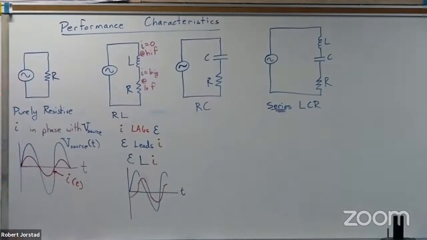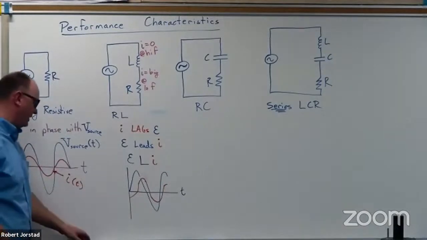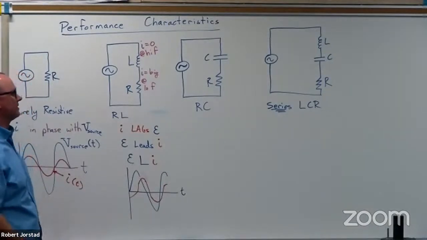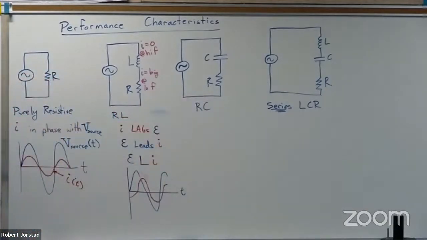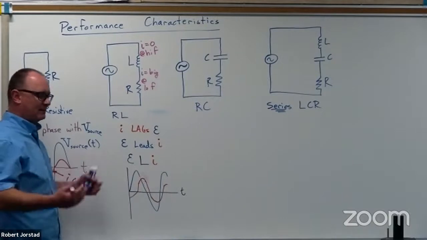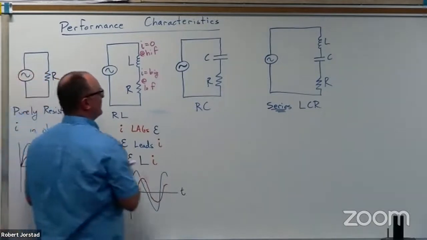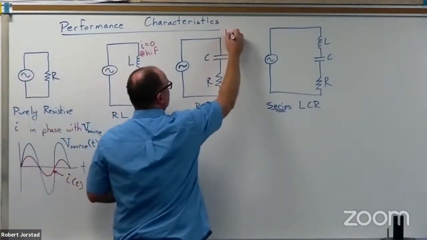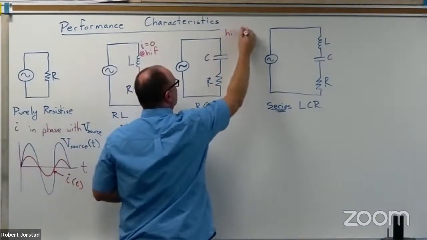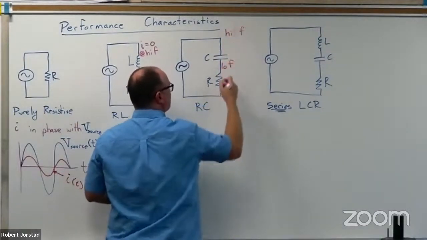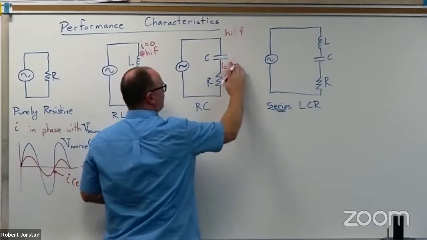All right. And now that we're here, to reduce going back and forth, let's make our predictions for what should happen with the capacitance. Let's do the same kind of logic that we just did here. If you have a high frequency or a low frequency, what's going to happen to the capacitor?